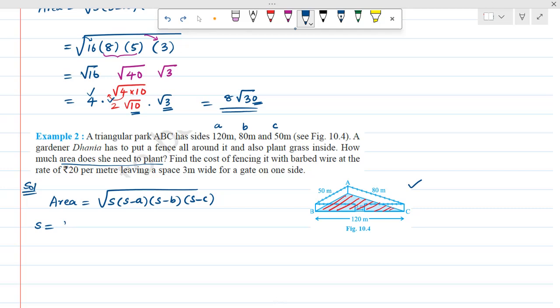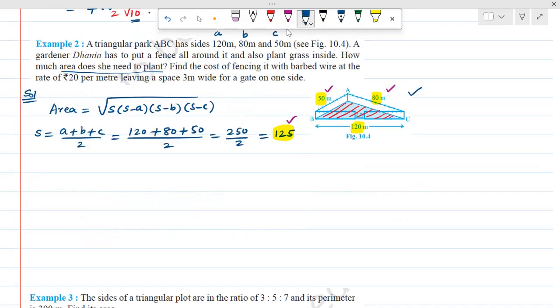The formula is a plus b plus c divided by 2. So here 120 plus 80 plus 50 divided by 2. If you add 120 plus 80, it equals 200. 200 plus 50 is 250, divided by 2, which implies 125, which is half of 250.